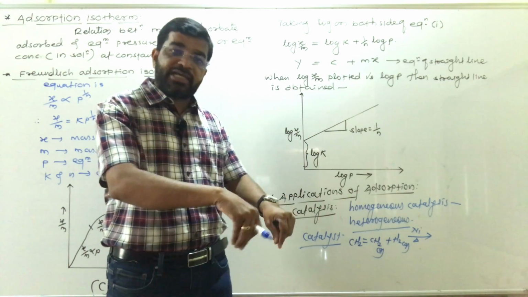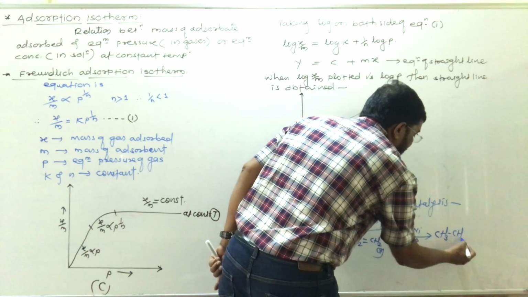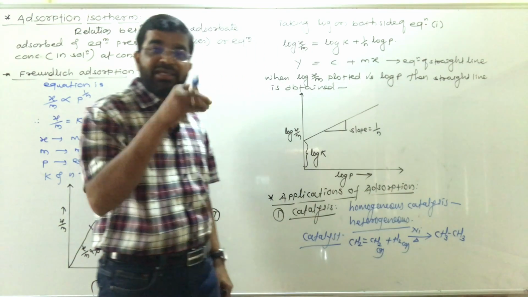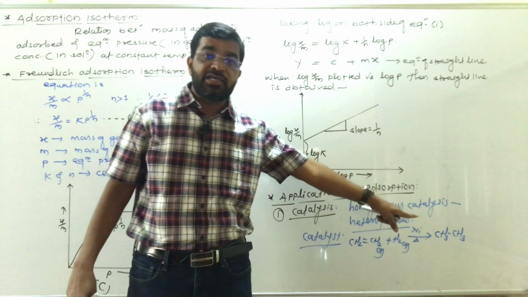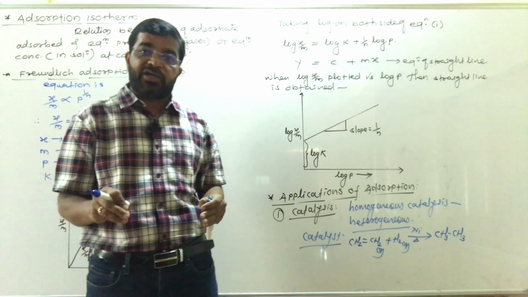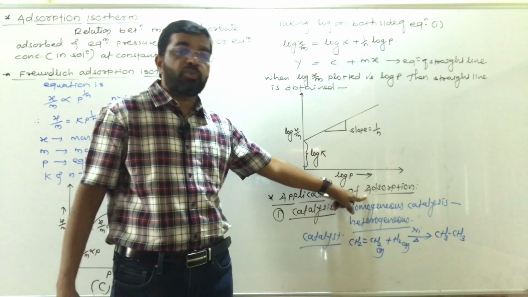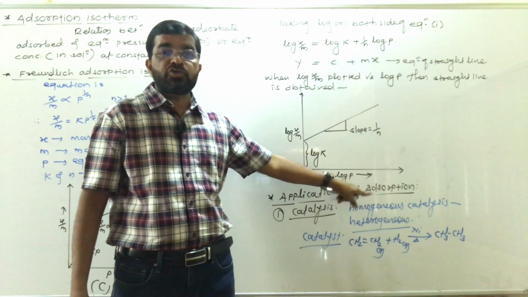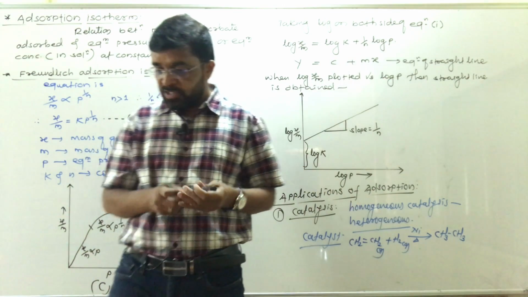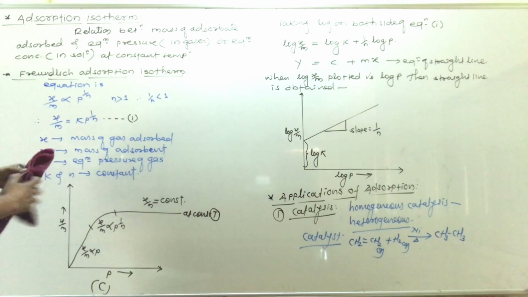So adsorption takes place, and then addition of hydrogen takes place in ethylene and ethane is obtained. So in this way, in many chemical reactions where catalysts are used, the adsorption process is used.